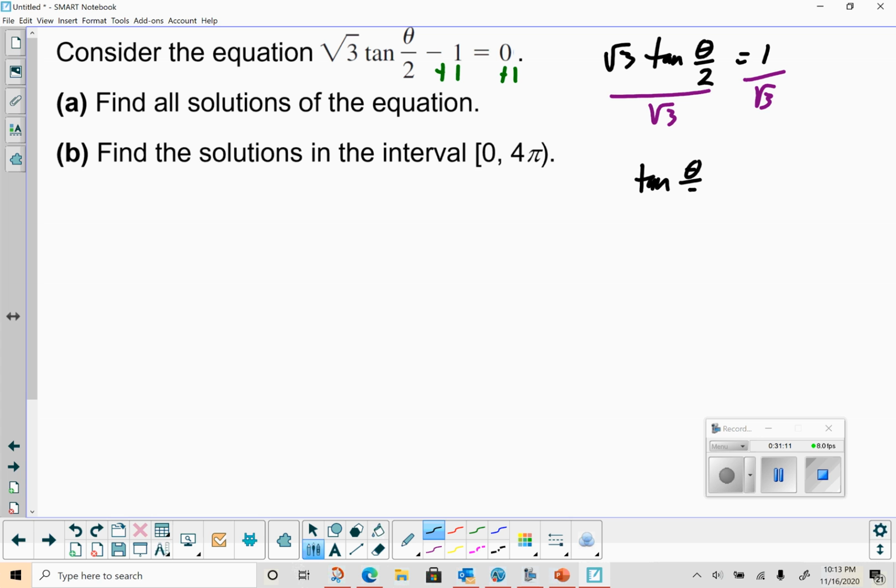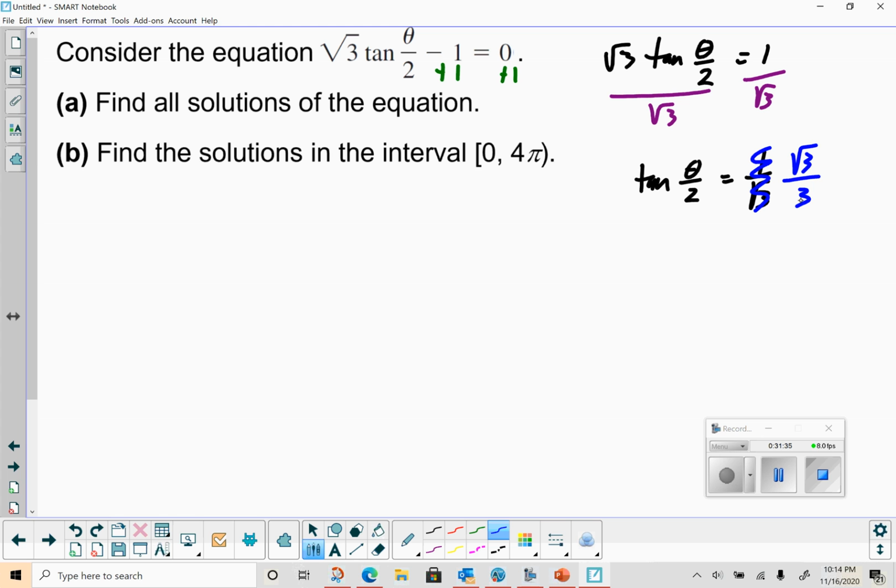So tangent of theta divided by 2 is 1 over square root of 3. Now again, some of you are screaming that that's not proper form here. Okay, fine. So we will transform that into simplest radical form, square root of 3 over 3.